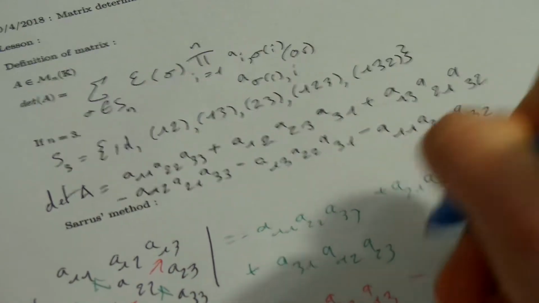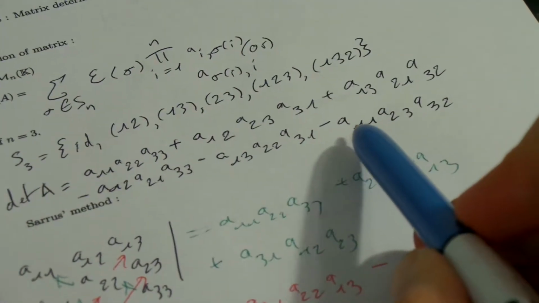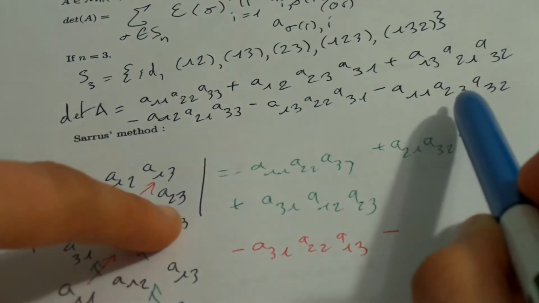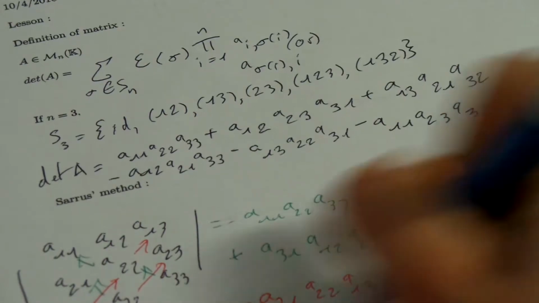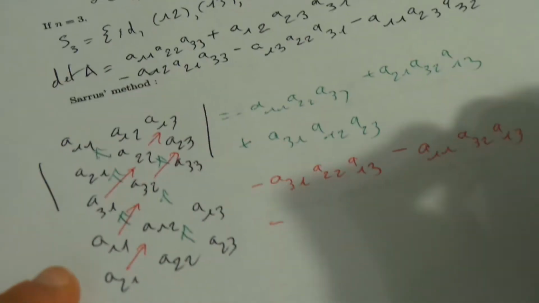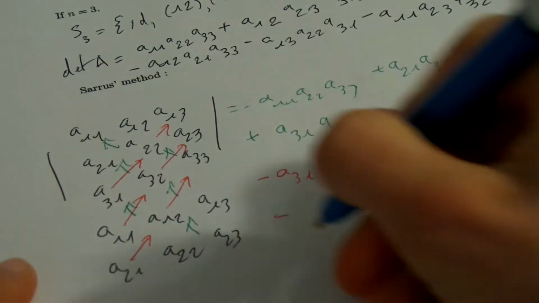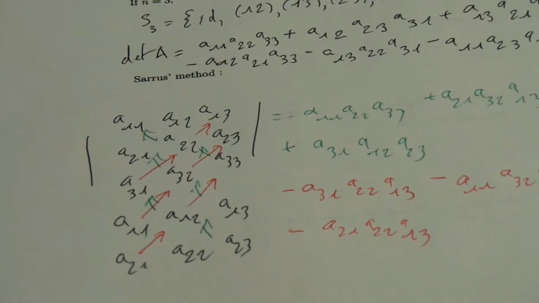Negative this diagonal here, A11, A32, A23. And the final one where the 3 doesn't change, so A21, A12, A33. Okay, so that's Sarrus's method for visually finding the determinant of a 3 by 3.